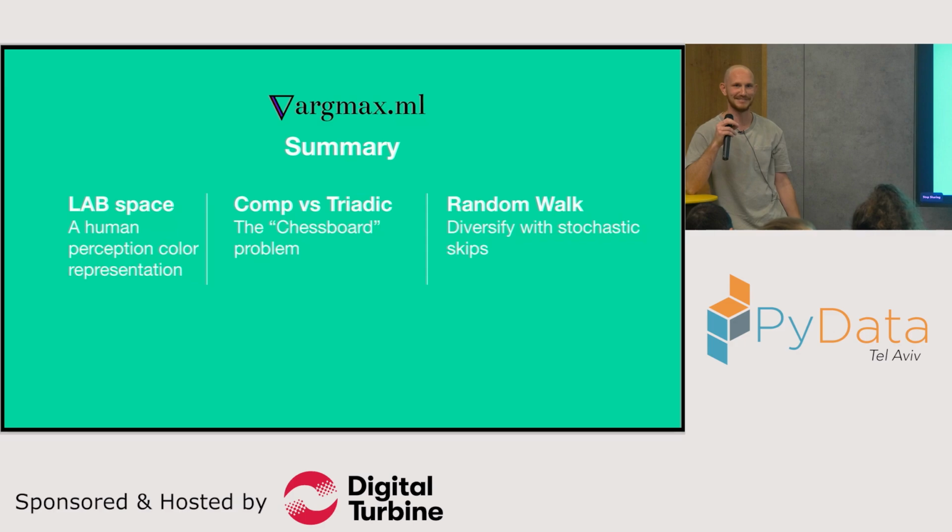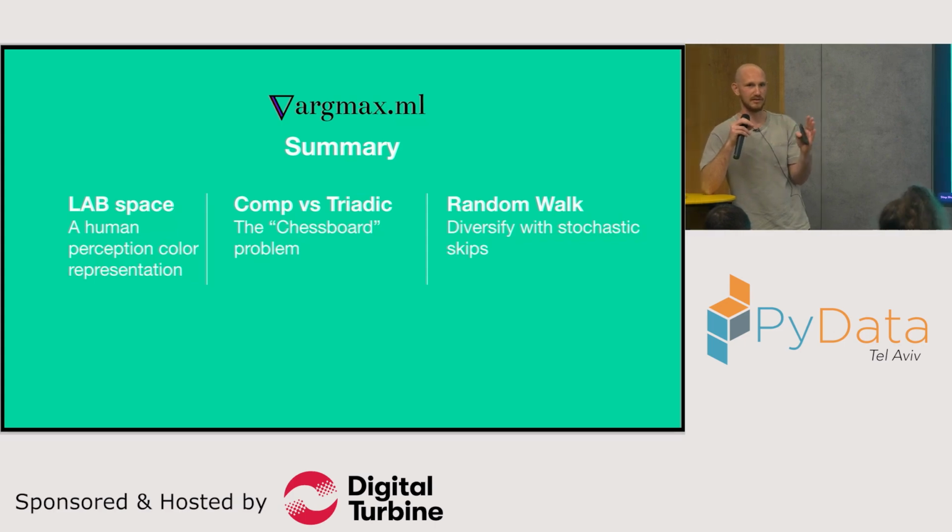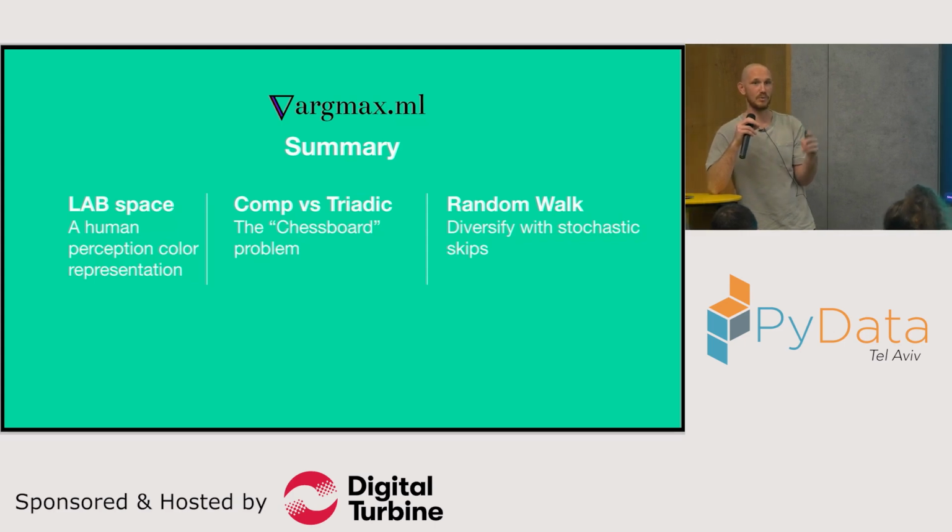What was your research process for finding all this information, like the LAB space and the complementary and triadic? Actually, the way it works at Artlist, which I think is amazing, is that we have the recommendation problem, but they also have a huge content team who are the ones who need to say this is good enough or this is nice enough.